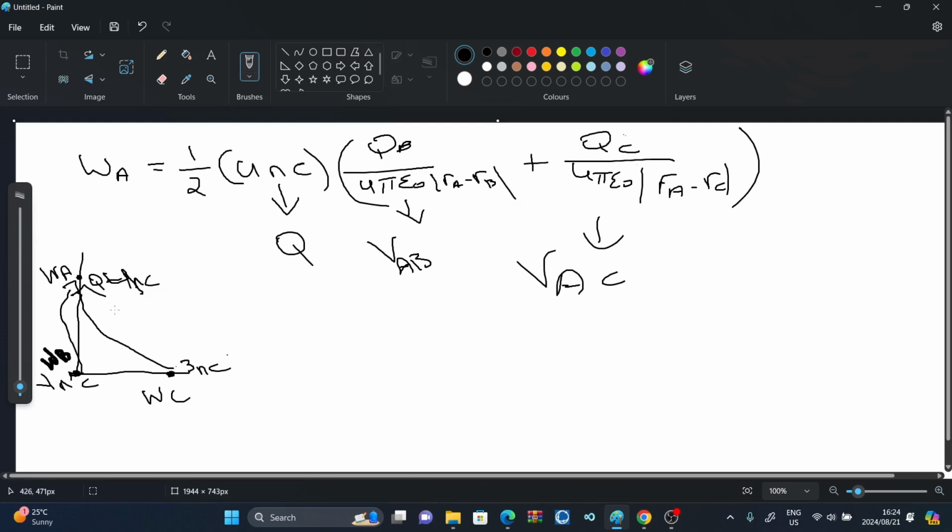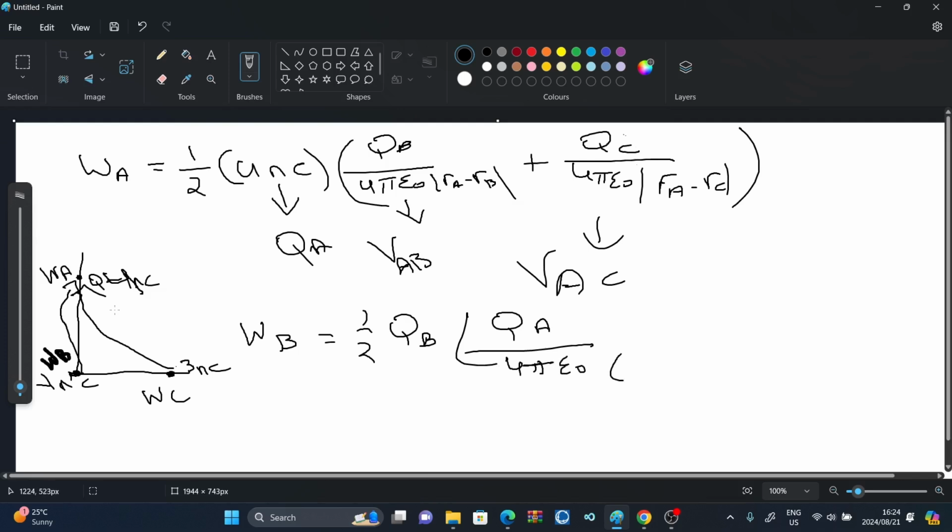Then the voltage for B will be the same. We'll have our half times QA, QB again, then our distance from QA to QC. So that will be the distance, over 4 pi epsilon naught, then the distance between RB minus RA.